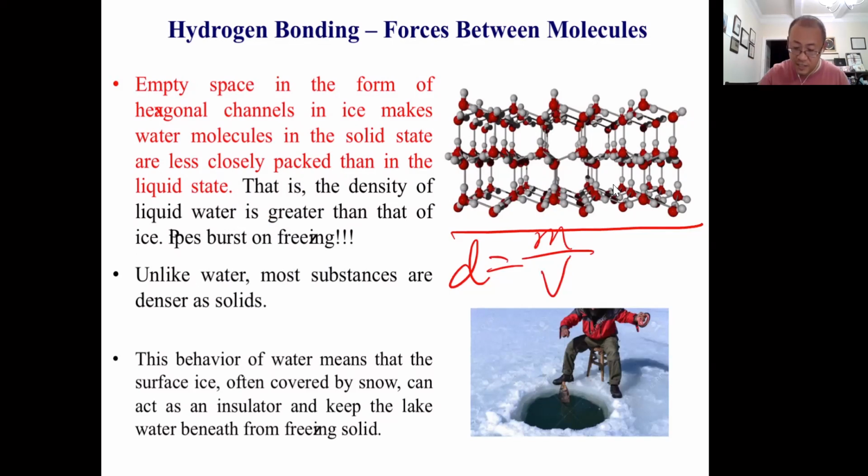When water freezes, the mass doesn't change, but when volume is bigger, the density of ice is going to be smaller because volume expands and mass stays the same. So the density of ice is smaller than the density of water. That is a very important property because for most substances, the density of a solid is greater than that of the liquid. Only water's is smaller.